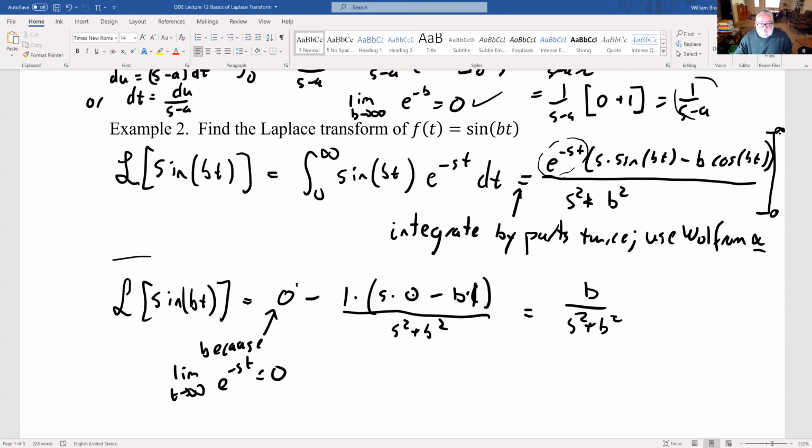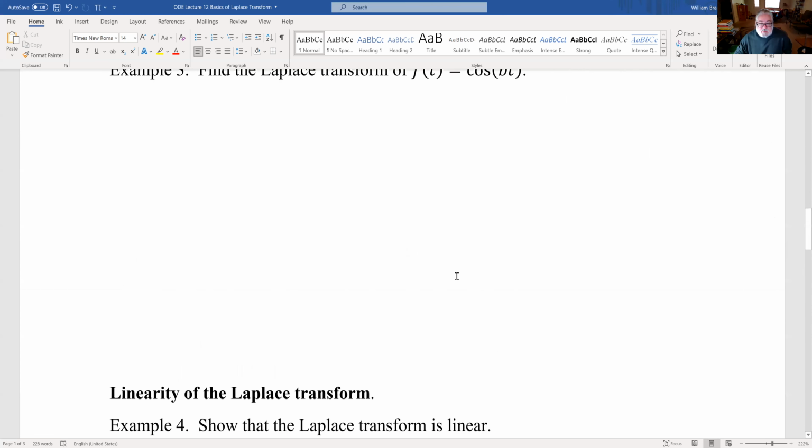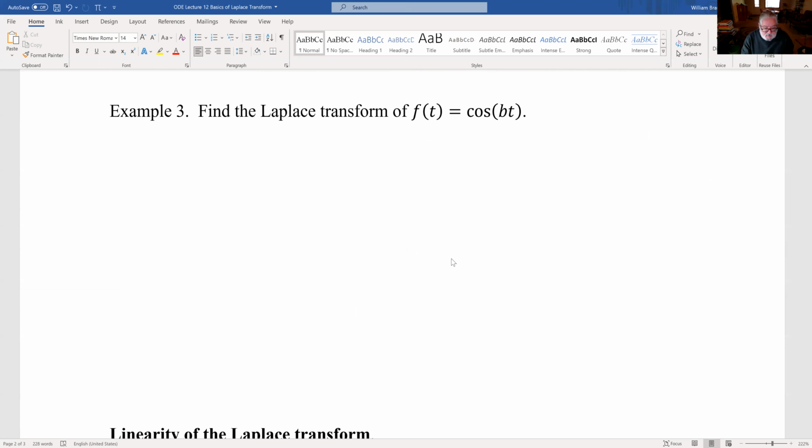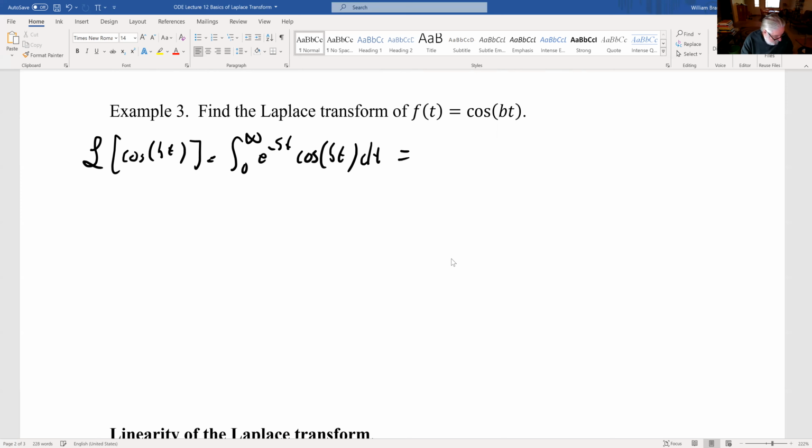What's the Laplace transform of cosine of bt, sorry. So how do we find the Laplace transform of something? The Laplace transform of a function is the integral from 0 to infinity of e to the minus st cosine bt dt. And again, using Wolfram Alpha, we go and look this up.